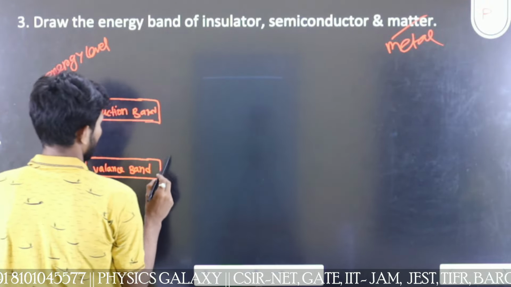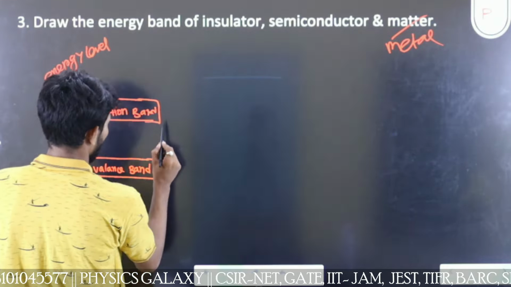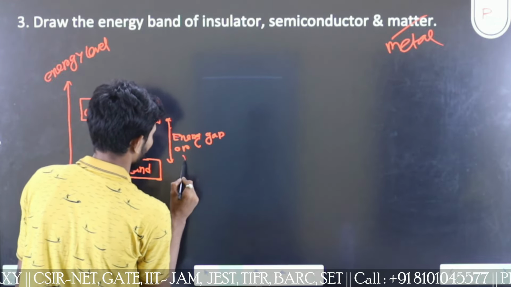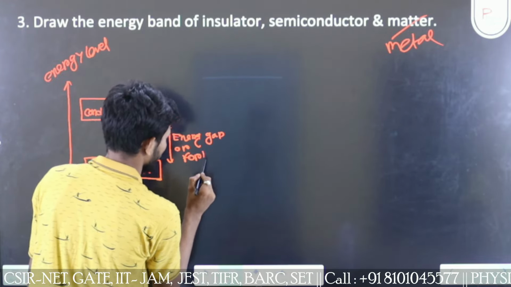Between the valence band and the conduction band there is an energy gap called the forbidden gap. It is about 6 electron volts.